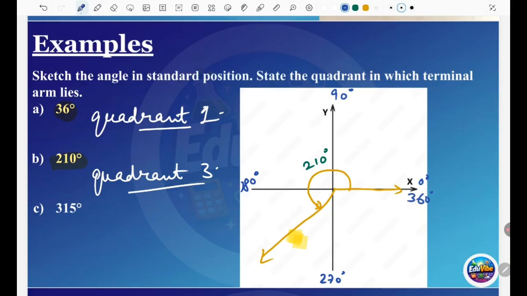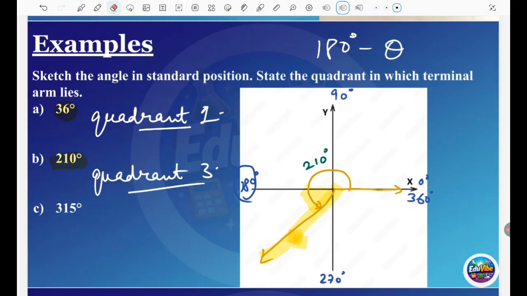So when we have any angle and we have to find the reference angle in this quadrant, we always use 180 degree minus theta for the third quadrant.